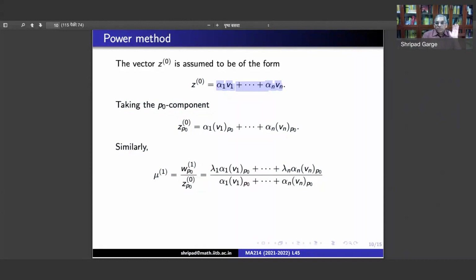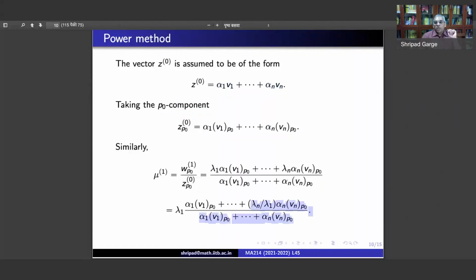Okay, so this is what your mu1 looks like, and if I now take lambda 1 constant out, we will see that the numerator has lambda n upon lambda 1 for the nth component. The first component will have no lambda 1 because that is taken common.